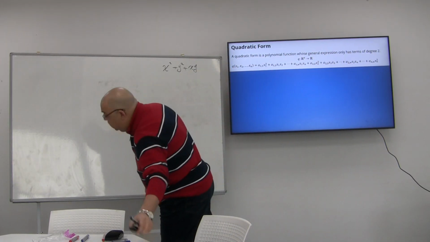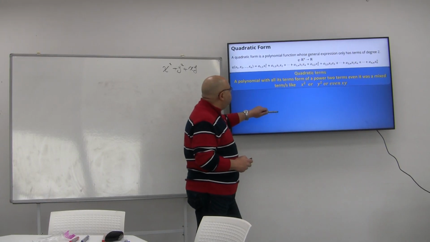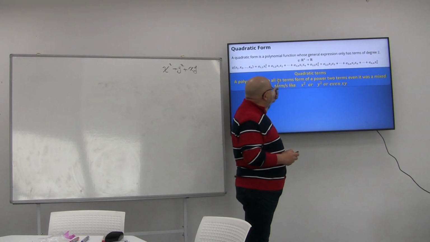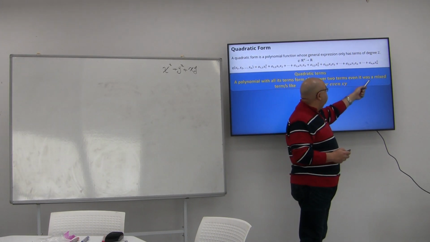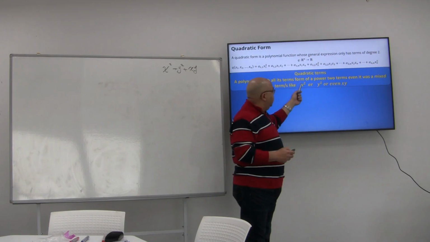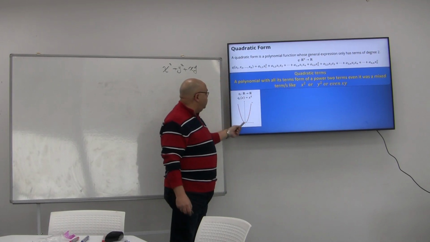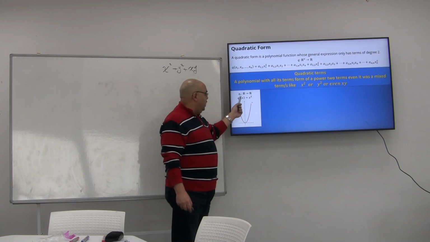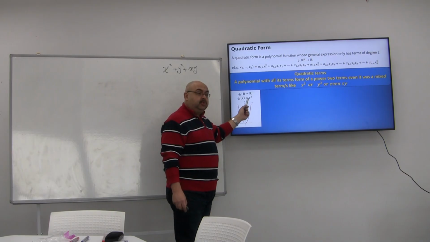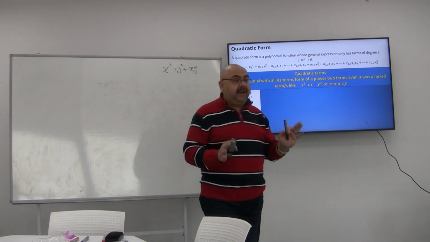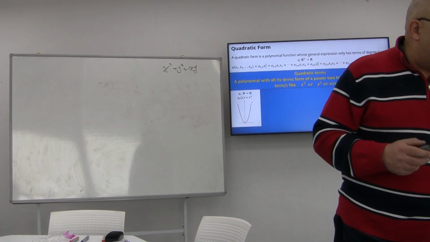So this is the idea of quadratic forms, as we can see. Of course, this is stated here: quadratic terms, a polynomial with all its terms of power 2, even if they are mixed terms like x squared, y squared, or xy. If we go for this function, for example, y equals x squared, a polynomial of x which equals x squared, this is considered a quadratic function because you have x to the power of 2.